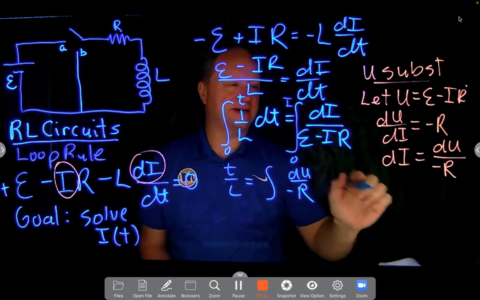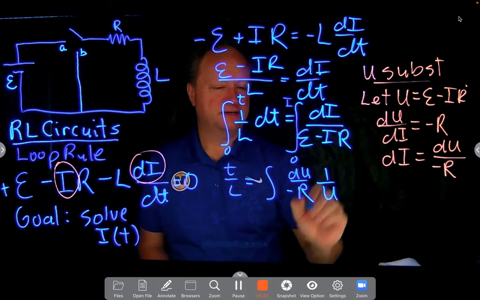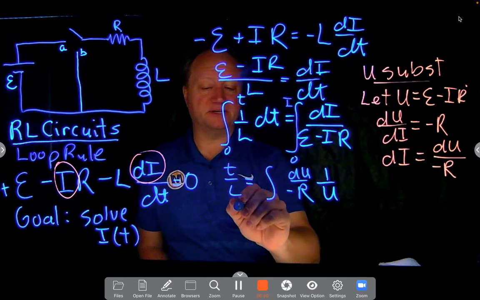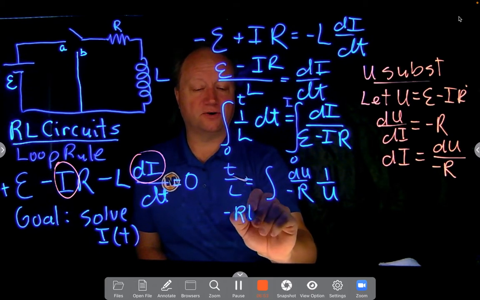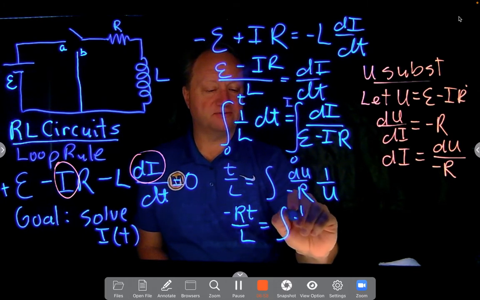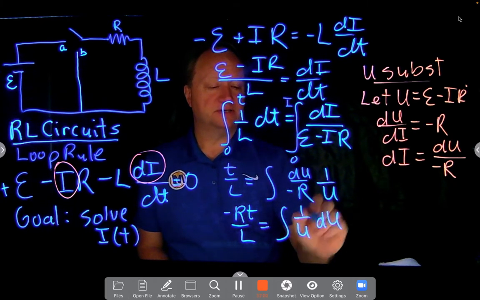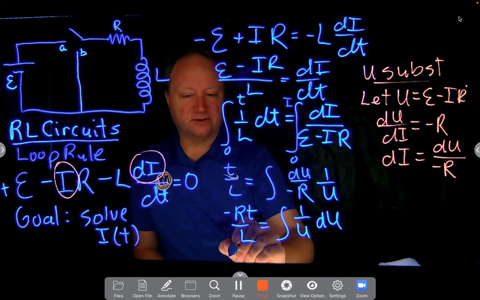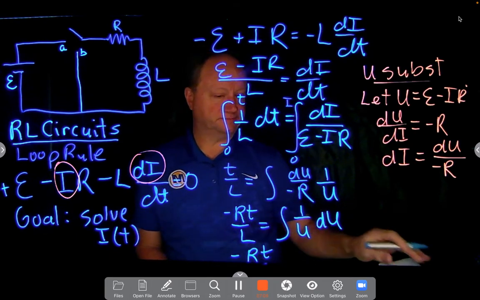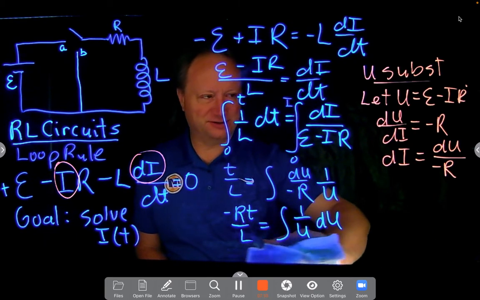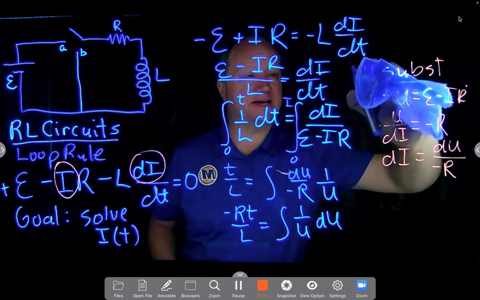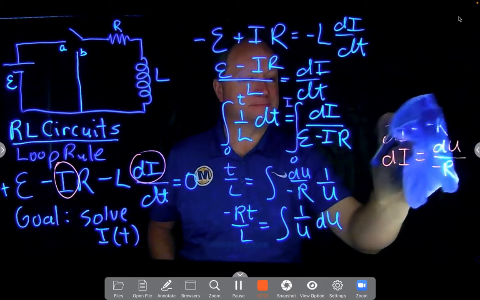this is going to be a 1 over u. Now, if I clean things up, I'm going to take the negative R, I'm going to take it to the other side because it's a constant. So this is a negative Rt over L is equal to the integral of 1 over u du. If I integrate that, I'm going to remove my u sub stuff so that I am able to write.